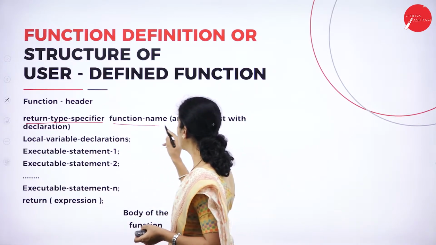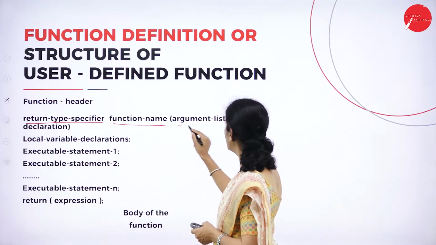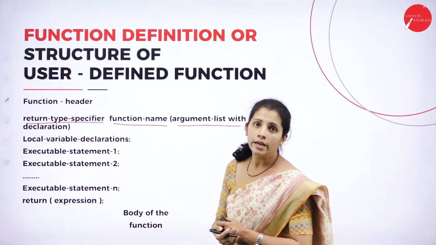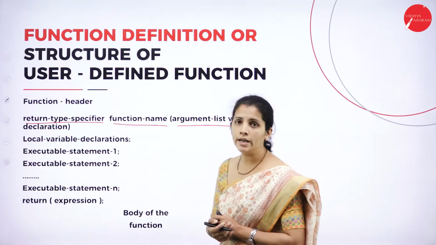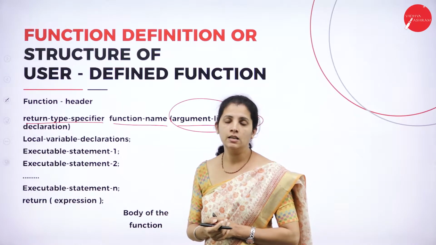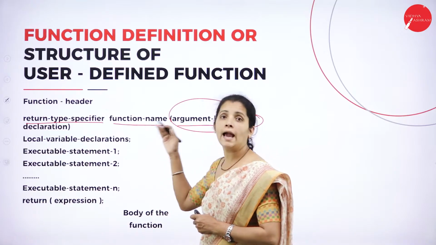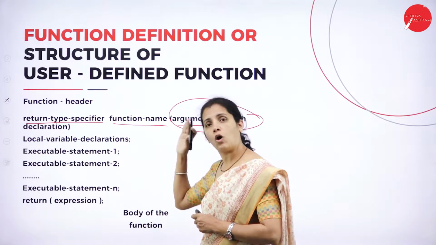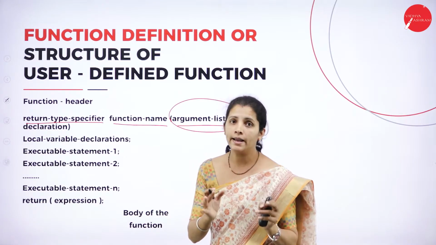Along with that, I write the function name and include the argument list. This argument list is optional, and depends on the user. That means a function can have arguments, or it is fine without arguments also.